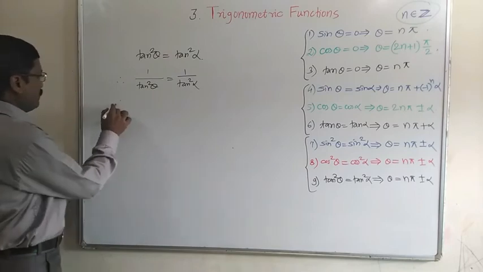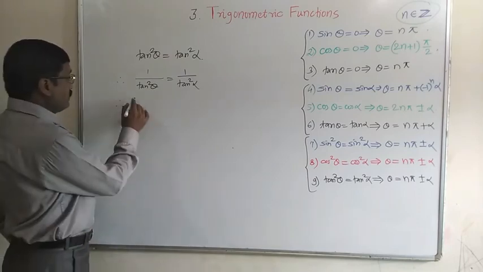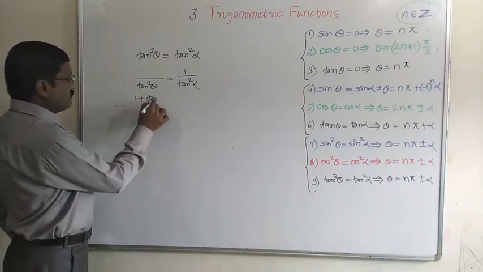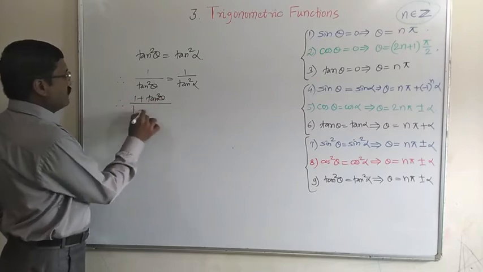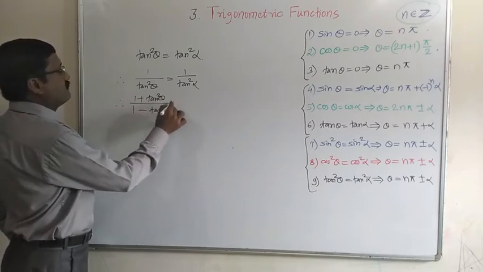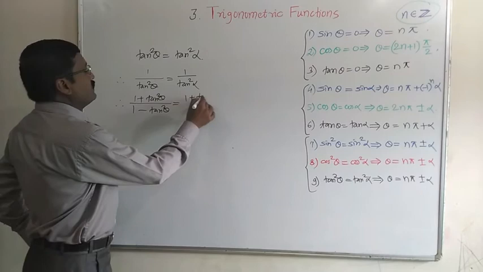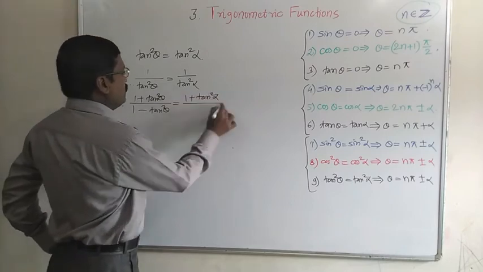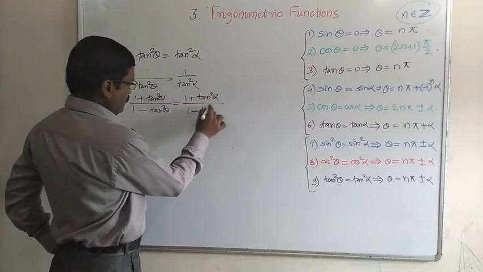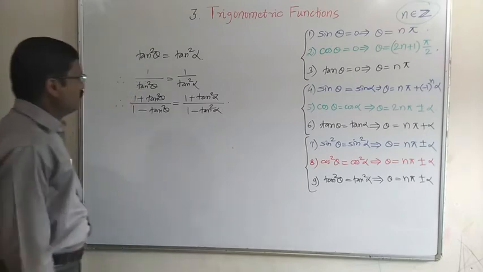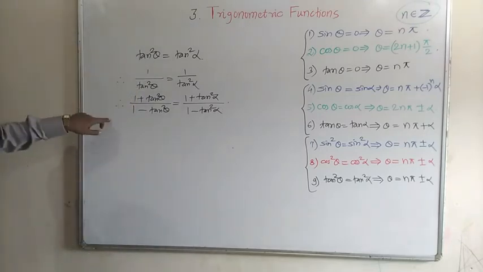Then let us use the property of componendo and dividendo, then we get (1 plus tan square theta) upon (1 minus tan square theta) is equal to (1 plus tan square alpha) upon (1 minus tan square alpha). This is by invertendo, this is by componendo.